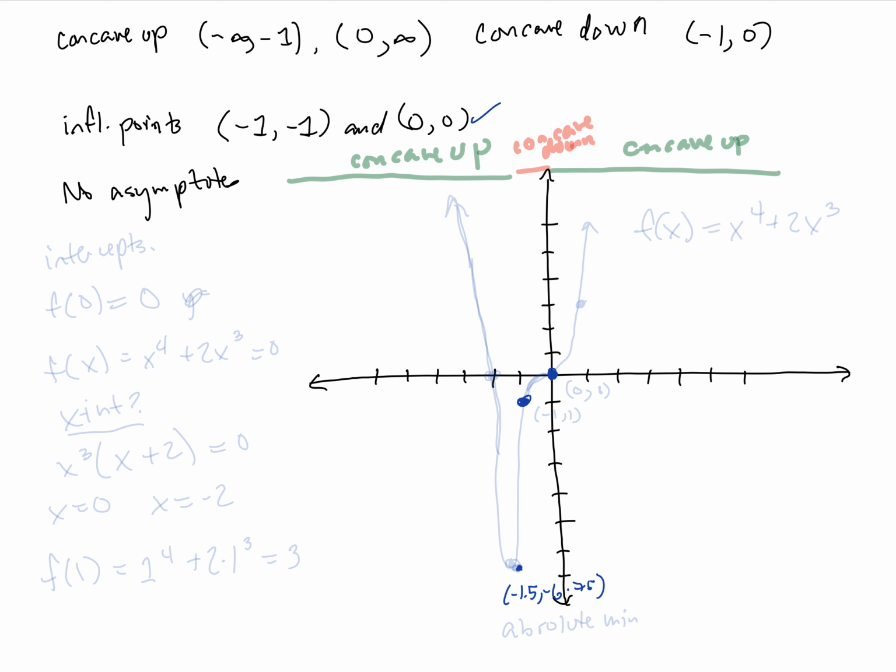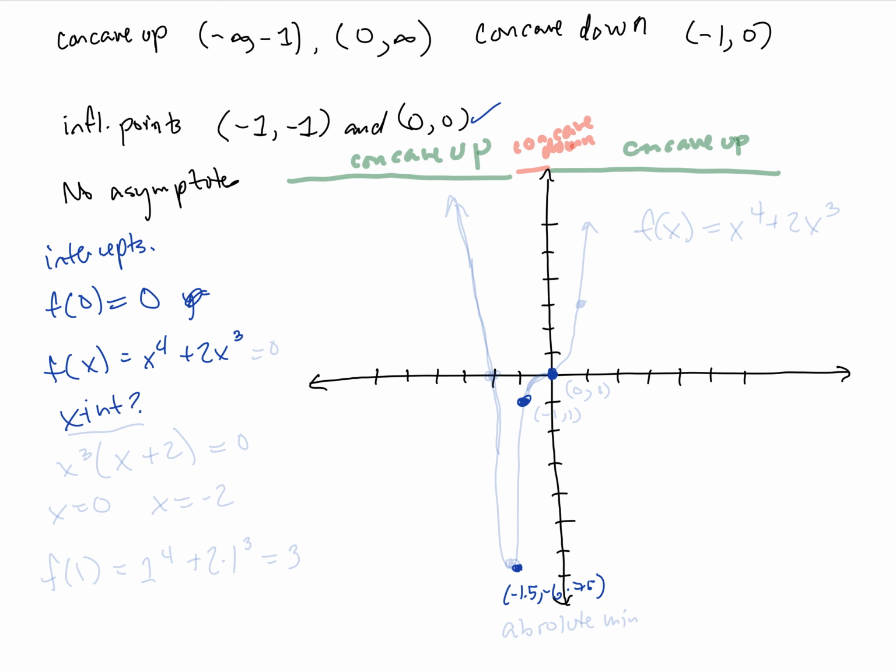Let's see, are there any other points we'd like to know about? Well, one thing we asked for was intercepts of the function. One intercept is the y-intercept of the function. F of 0 we already know is 0. Our function is f of x equals x to the fourth plus 2x cubed. That's both our x and y-intercept. We could also look for whether there are any other x-intercepts.